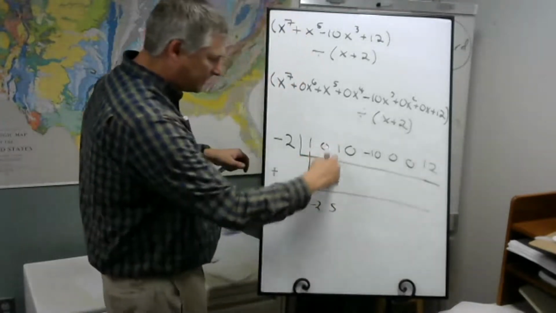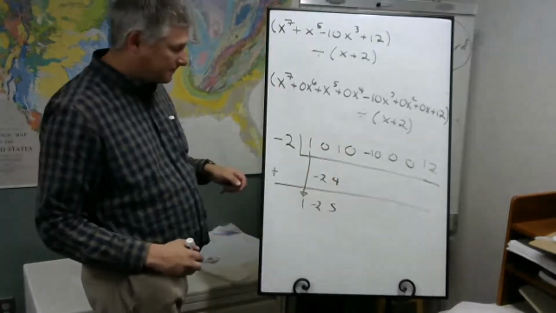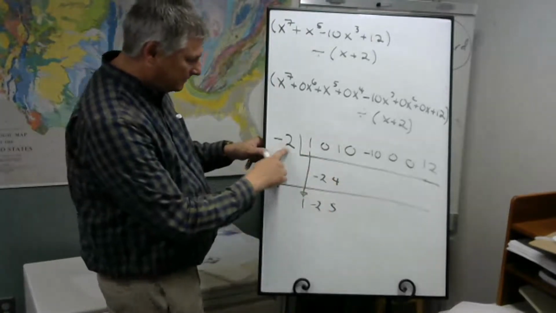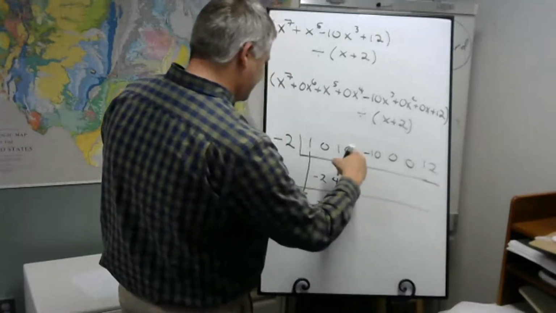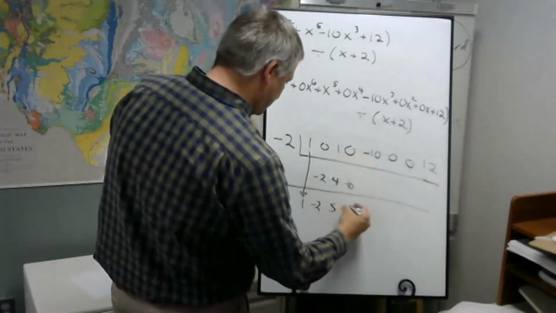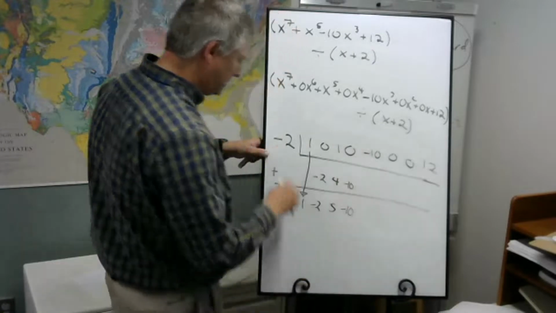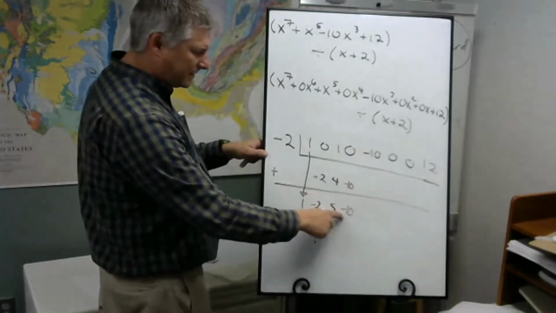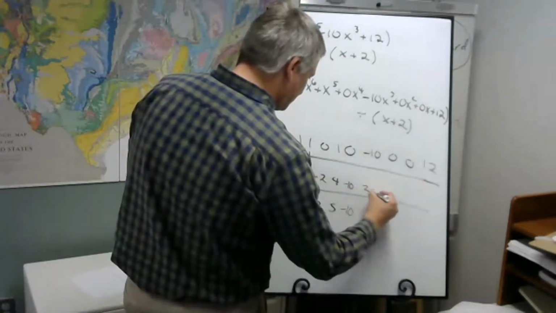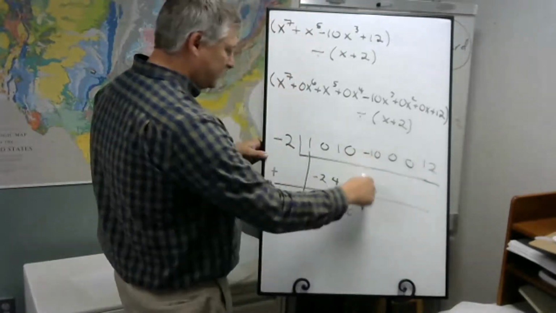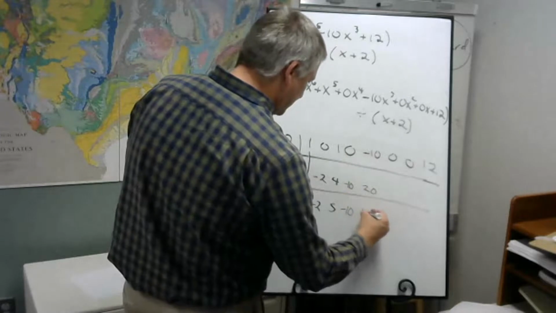And notice I'm careful trying to line up everything in my columns. -2 times 5, -10. 0 plus -10 is -10. -2 times -10, +20. -10 plus 20 is +10.